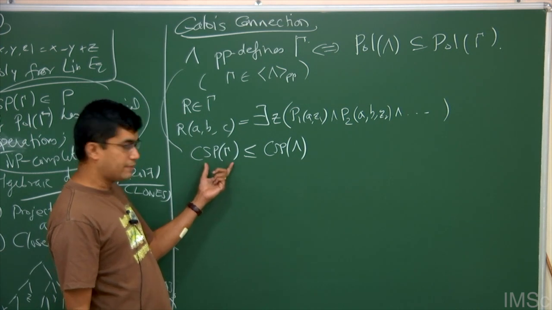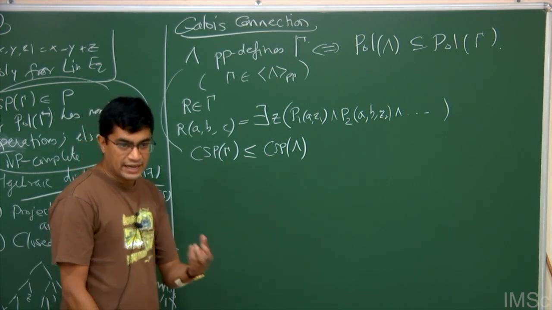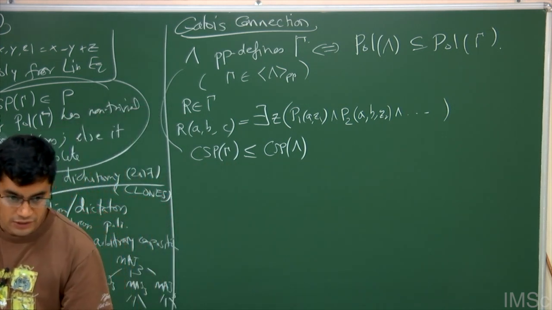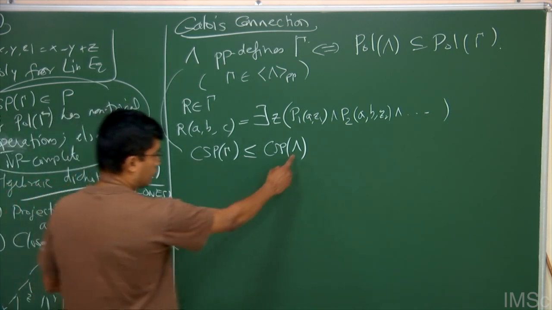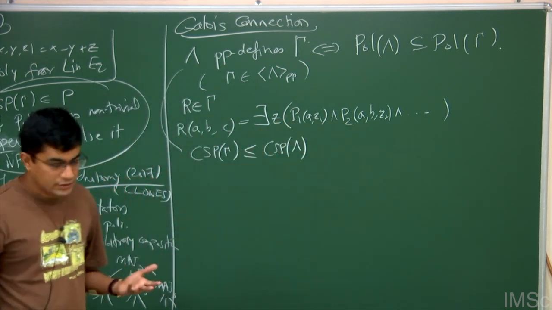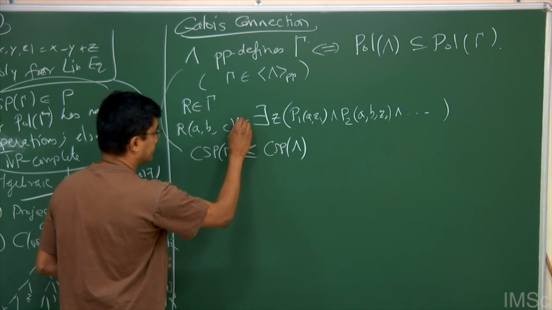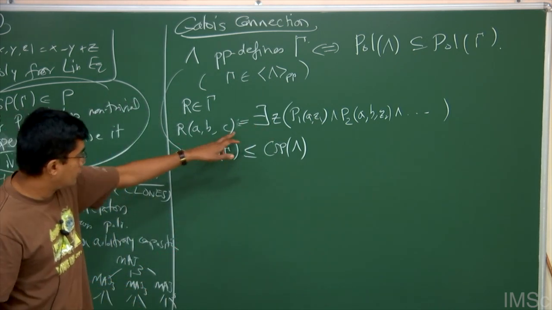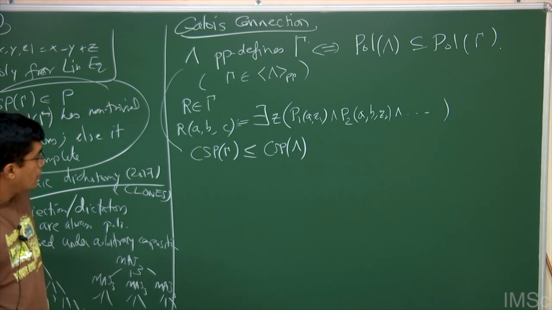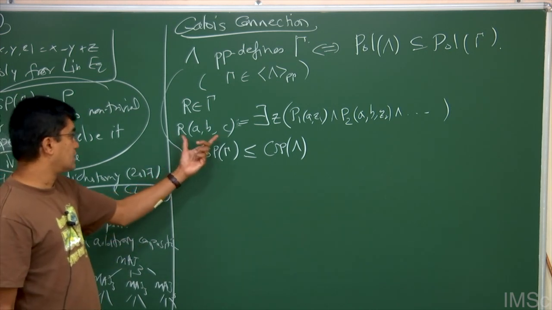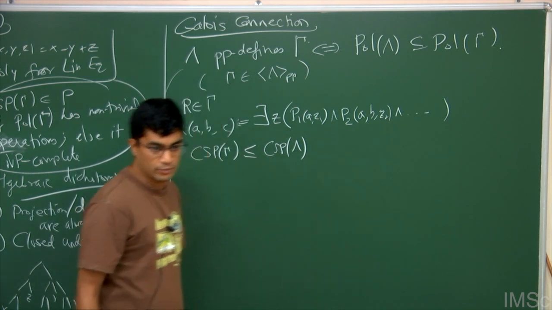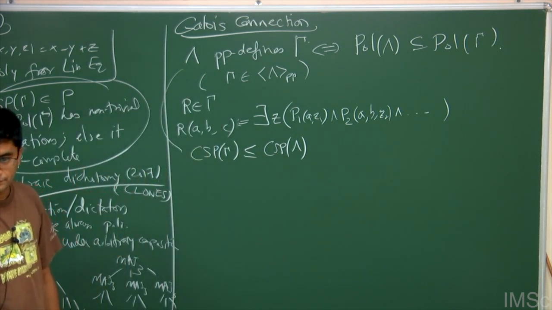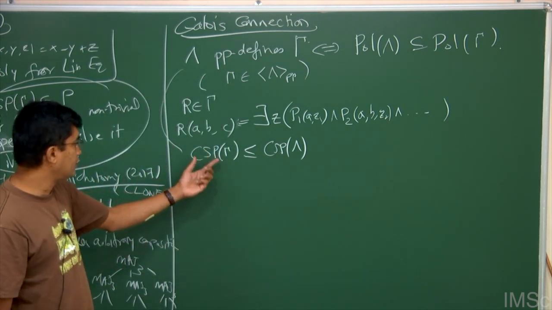If I give you an arbitrary CSP(gamma) instance, I can take each clause and replace it by a collection of clauses in lambda, including some other variables. This is actually equal as a relation over all A, B, C. This relation is equal to this quantified form, where A, B, C are free variables. So you can take an arbitrary relation and express it in terms of relations in lambda.